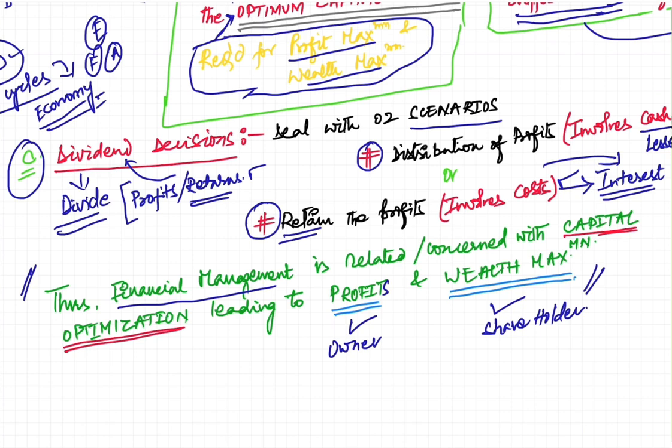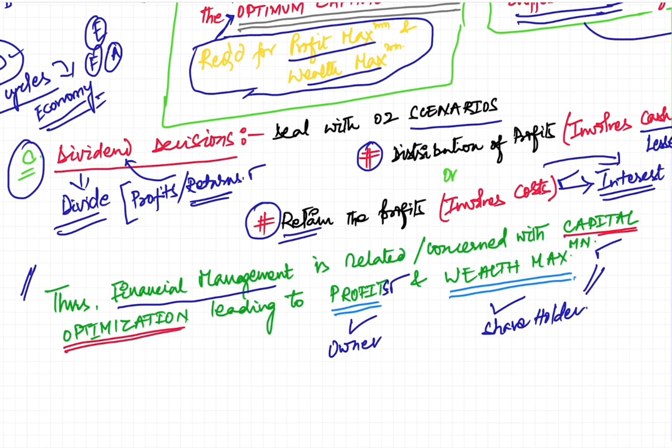Of course, the capital can be of your own or from different sources. If it is of your own, then you will be talking about your own profits. If you're raising capital from different sources other than your own money, then you need to talk about maximization of wealth.